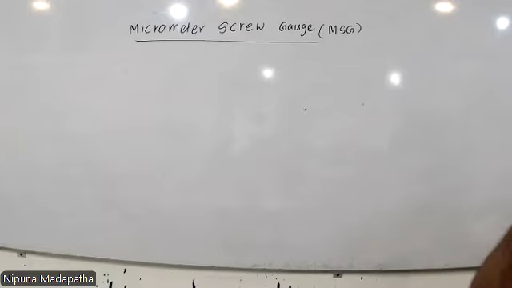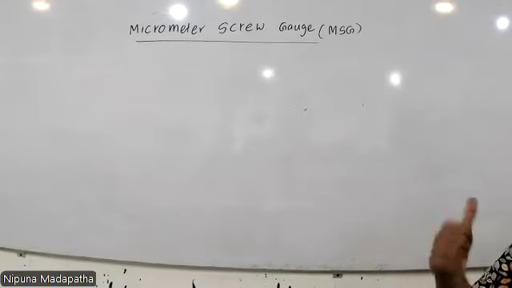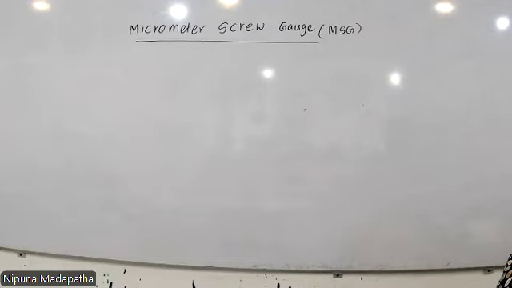So you can use this instrument to measure one millionth of a meter, with that precision. Therefore we call it micrometer screw gauge, because it uses the screw principle.